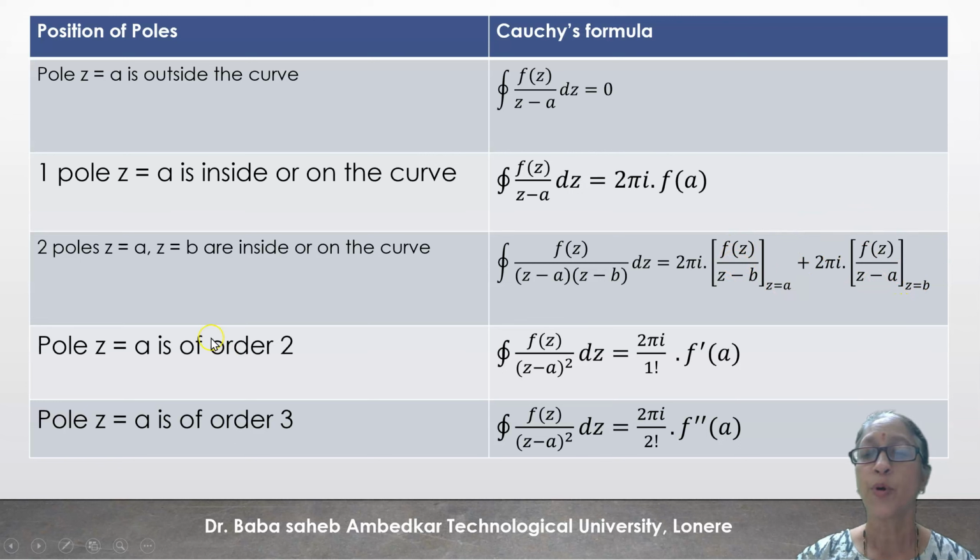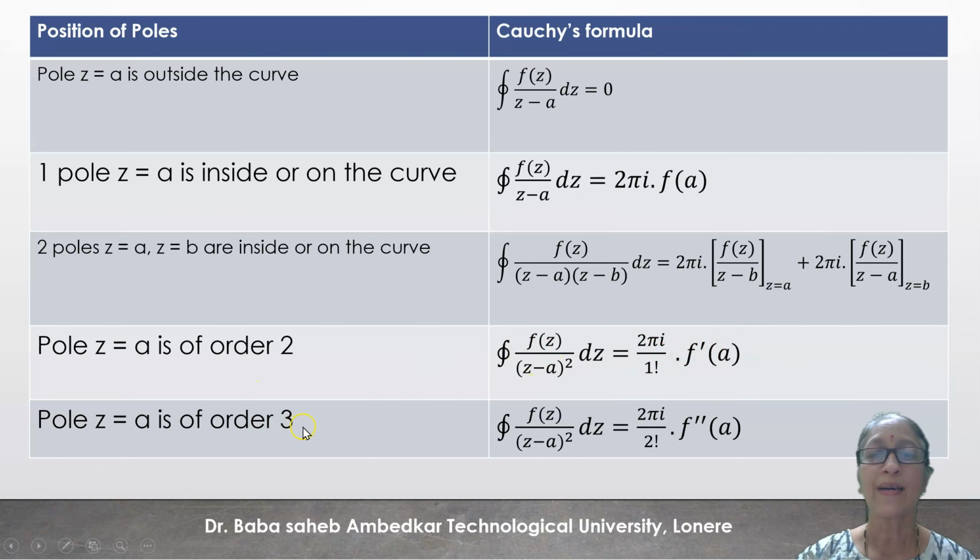Now, if pole z equal to a is of order 2, that looks like z minus a whole square in the denominator, then the value of this integral is 2 pi i by 1 factorial into f dash of a. Here, by using the formula of derivatives, we can find this integral.